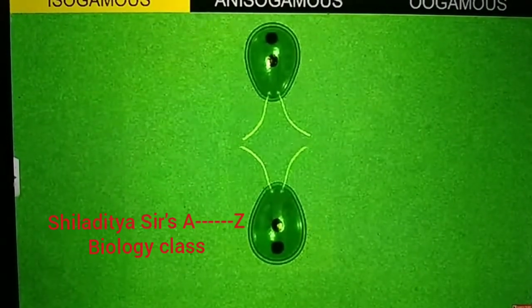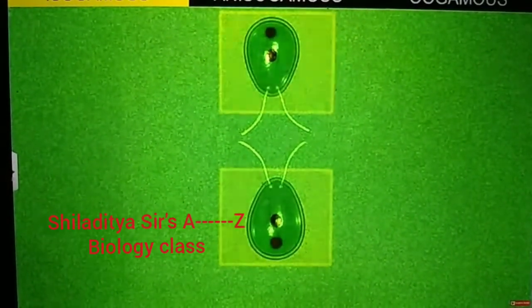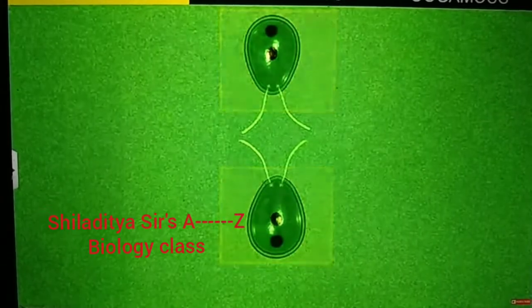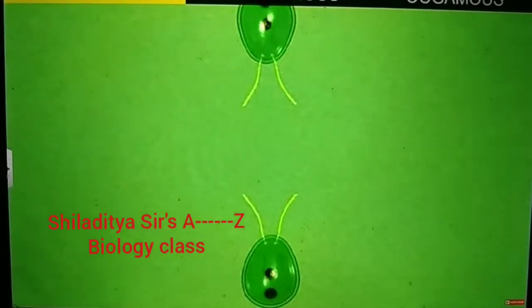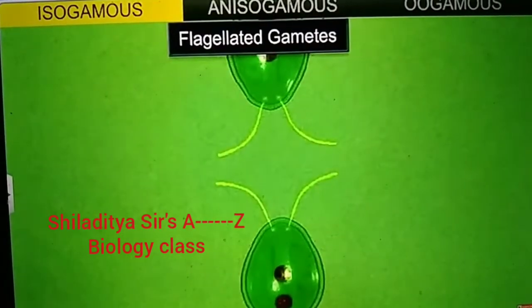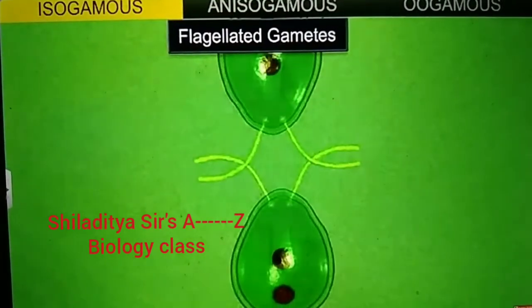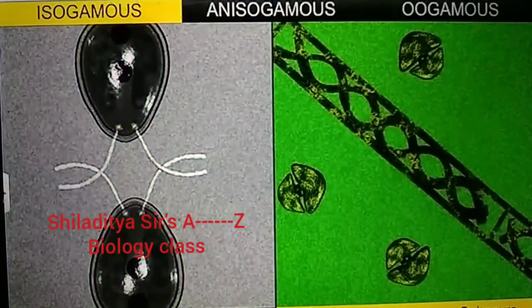When the fusion is between two gametes of similar size, the reproduction is called isogamous. The gametes in this case can be flagellated as in Chlamydomonas, or non-flagellated as in Spirogyra.